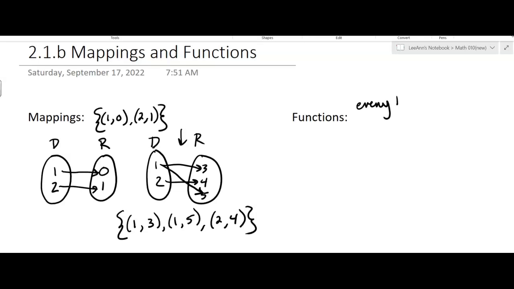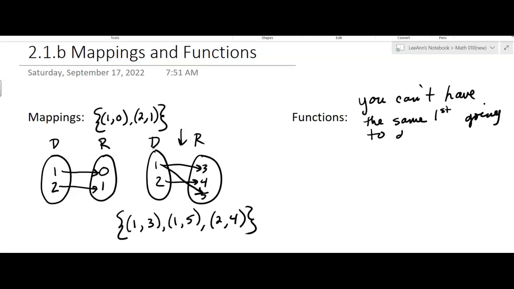You can't have the same first component going to different second components. Okay? So right away, I'm just going to tell you, this is not a function.